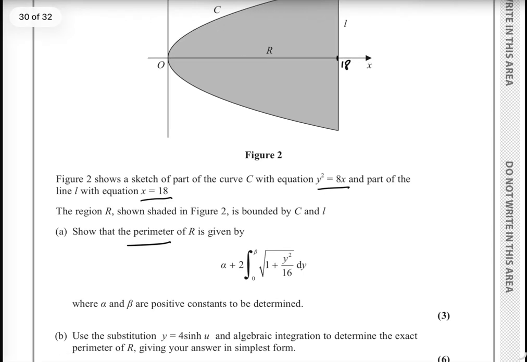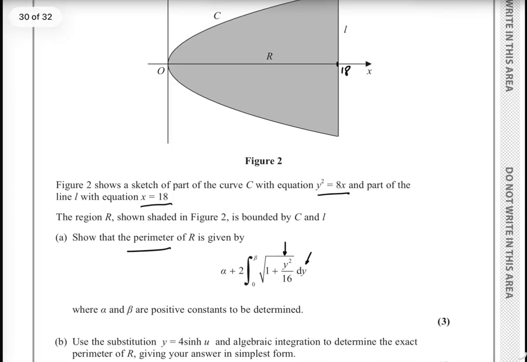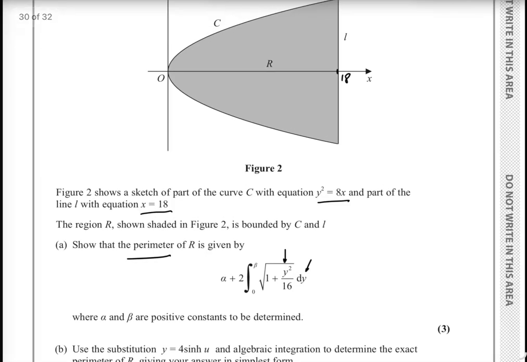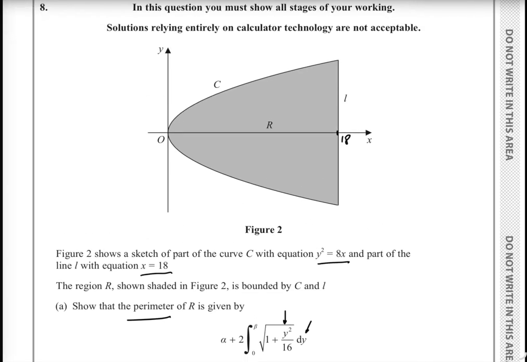Okay, just note that there's a y in there, and there's a dy here. I think the formula booklet will give the formula in terms of dx, if I remember correctly. But we can start this off very easily by finding the distance here of this line, because we just need to know what are the y coordinates there, and we can do that by putting x equals 18 into here.